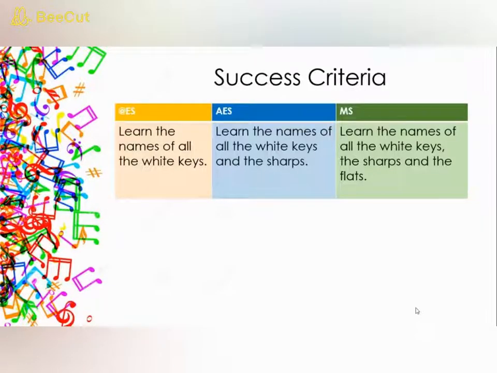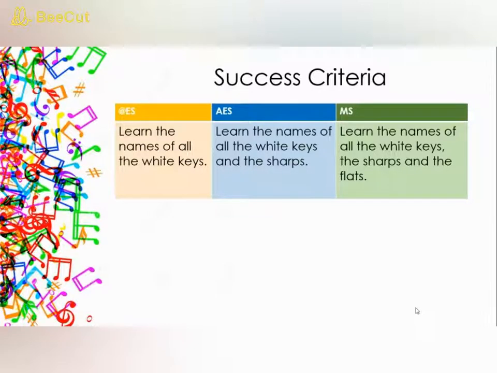Now, you won't have been assessed yet at Ryhells, but we'll assess things in this format. So ES stands for at expected standard, and that is where we want all of you to be. So from this lesson, I want everybody to learn the names of all the white keys.